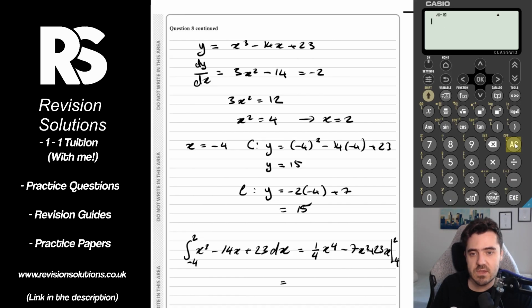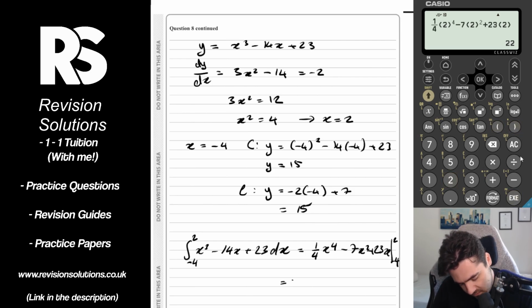So using the calculator again to work that out, we have a quarter of 2 to the power of 4 minus 7 times 2 squared plus 23 times 2. So our upper limit gives us a 22.